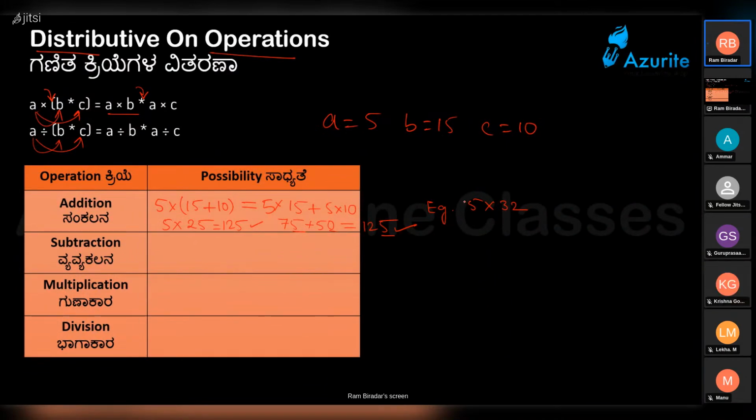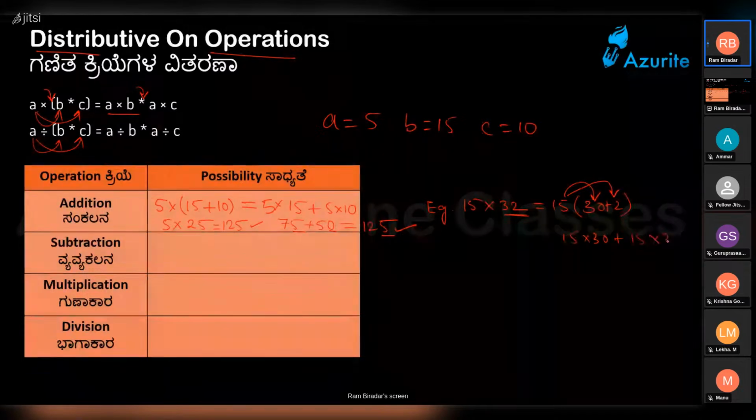So what can we do? 15 into 32, we can write 32 as 30 plus 2, isn't it? So now it will be very simple to multiply. First we multiply with 30 and then with 2. So 15 into 30 plus 15 into 2.